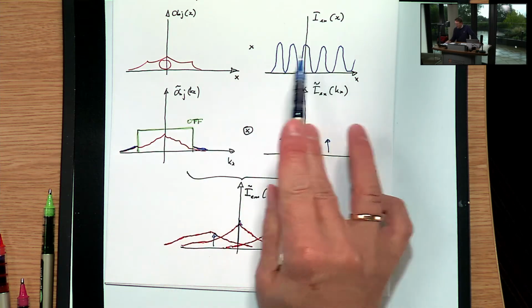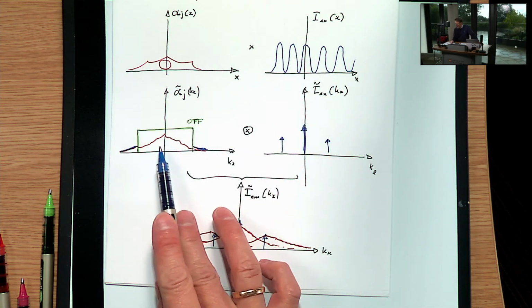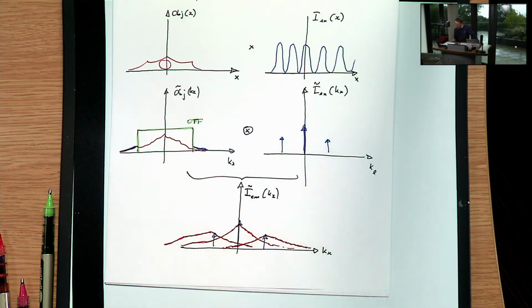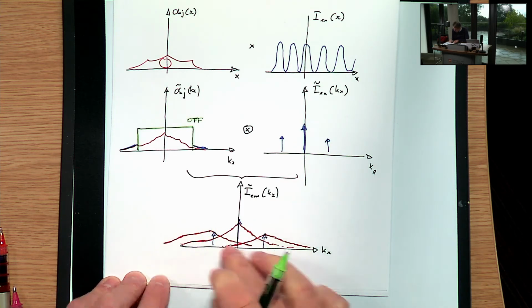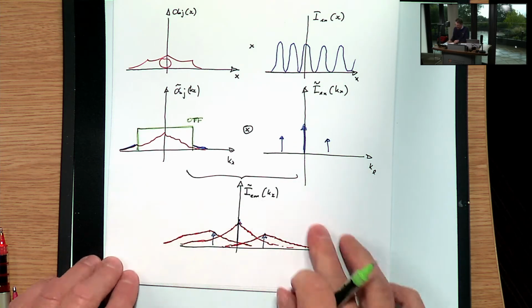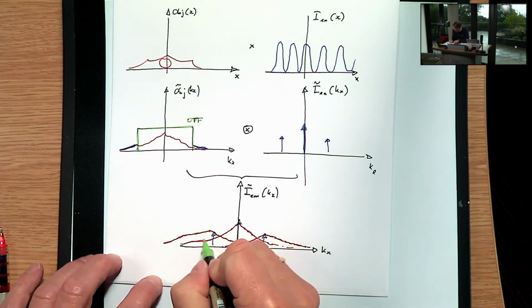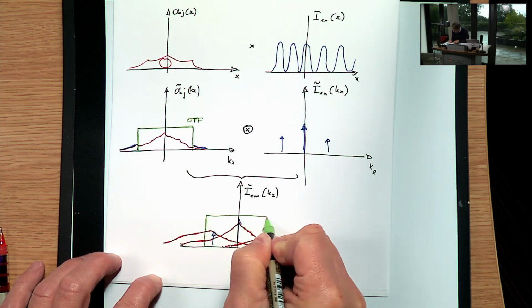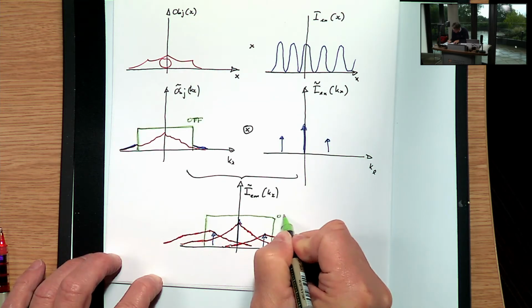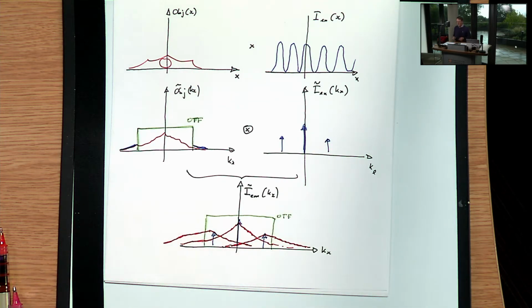If I actually illuminate with this structured pattern and I actually now get this convolution, well, let's look at this picture down here. If I draw the same thing, but of course of this resulting mess here, only this will be passed through. Only what will actually pass through the optical transfer function will make it through the instrument.